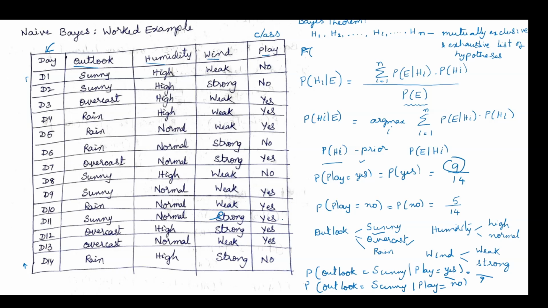This yes is also outlook equal to sunny. 2. So outlook equal to sunny will take on a value of 2. Similarly, we need to calculate the other values as well.